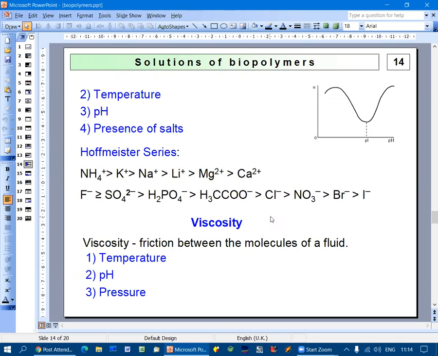But molecules of lower molecular compounds have small sizes, small diameters, and molecules of high molecular weight compounds, their diameter is great. That's why, even if you have solutions of high molecular weight compound and low molecular weight compound with the same concentration, the viscosity of solution with high molecular weight compounds will be much higher.